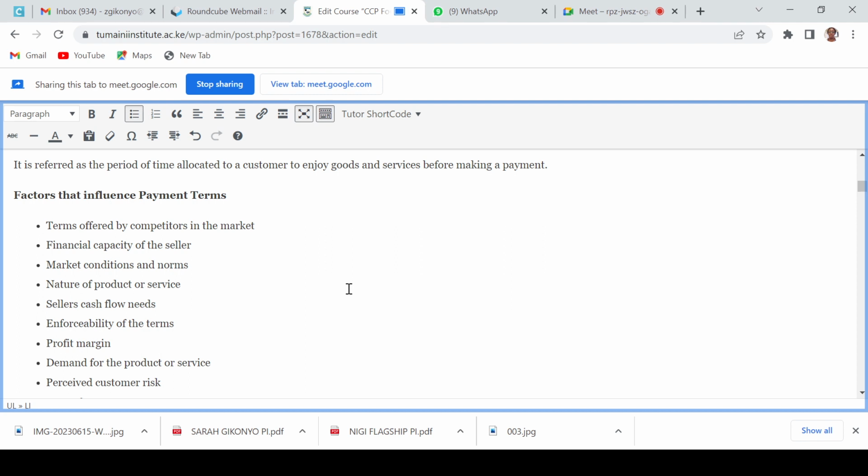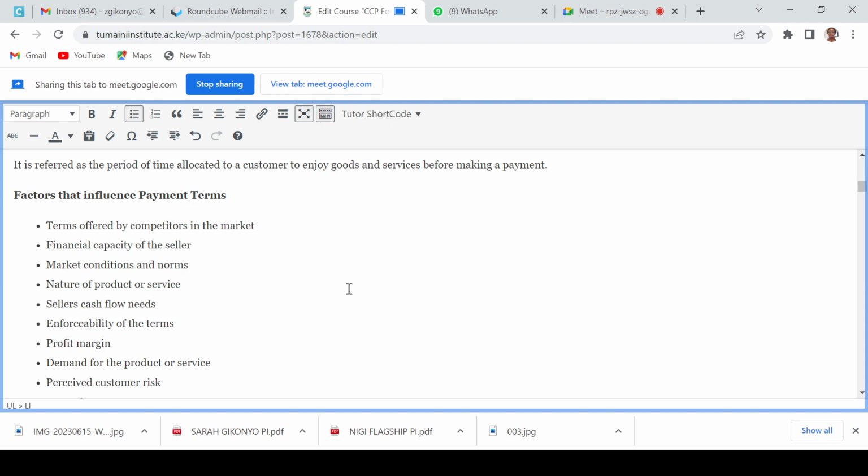If you look at why they went under, you ask yourself what terms they were being given. What went wrong? You need to ask yourself, is the market favorable? How is the market? Do people have cash flow or not? If they are used to credit facilities, my friend, try to penetrate your market. You will not manage to sell even a single item. So market condition and norms you must consider as you come up with the terms.